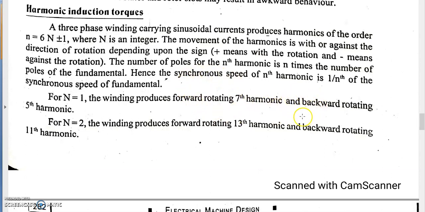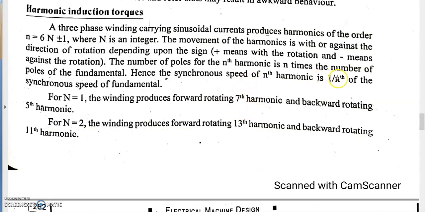So it produces the forward rotating torque. Whereas the fifth harmonic will produce 5 into 120; if you subtract 3 into 120, 360 degree, from that, what remains is 2 into 120, 240 degree. So 240 degree is also equal to minus 120 degree.